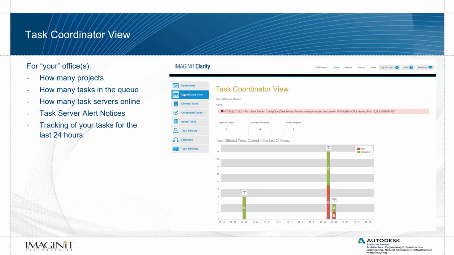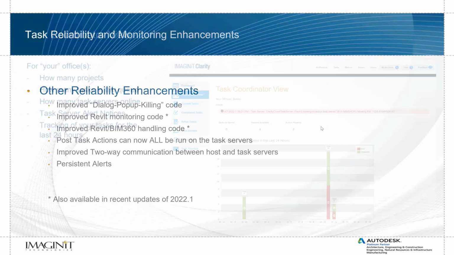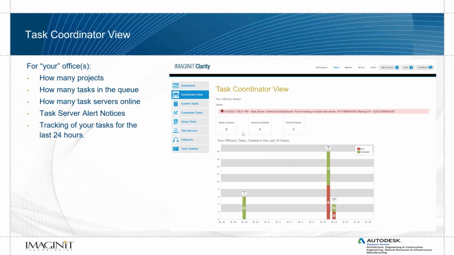So the task coordinator view is a new view in the global tasks section, and we have a new concept within the office setup framework of who are the responsible users for that office. And so if you're a responsible user for a given office, you will see a few different things in this view.